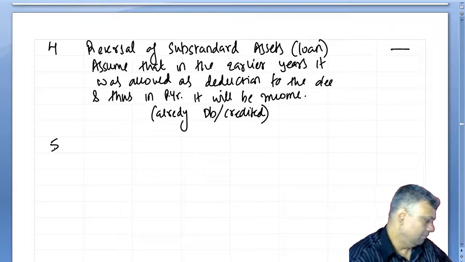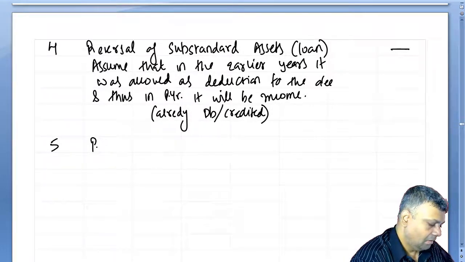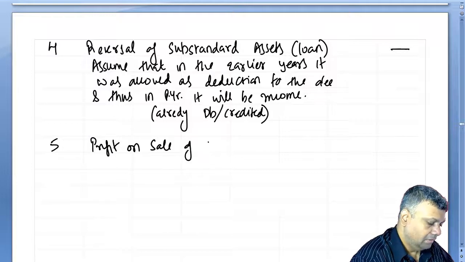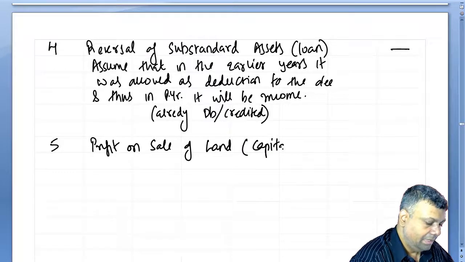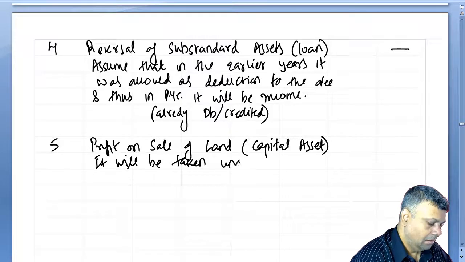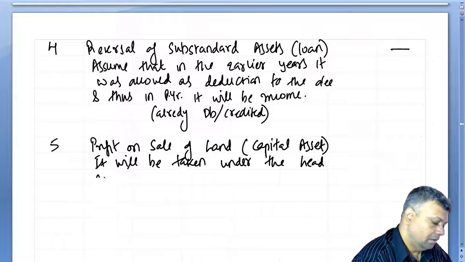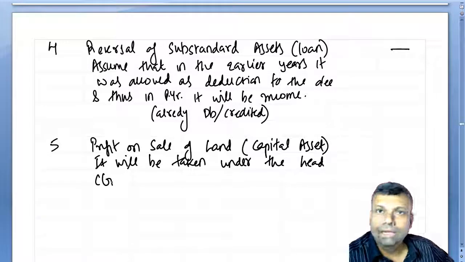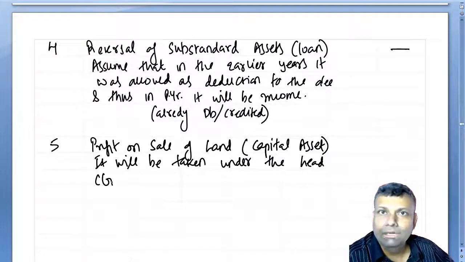Point number 5. Profit on sale of land. This is a capital asset. It will be taken under the head capital gains.